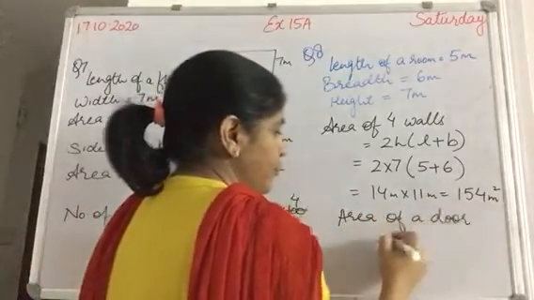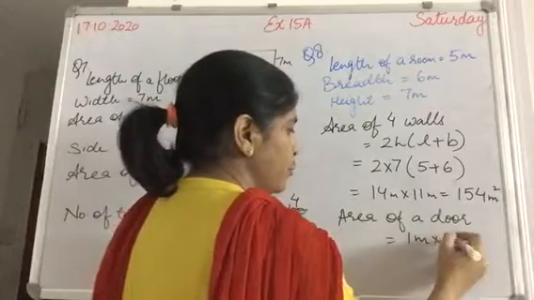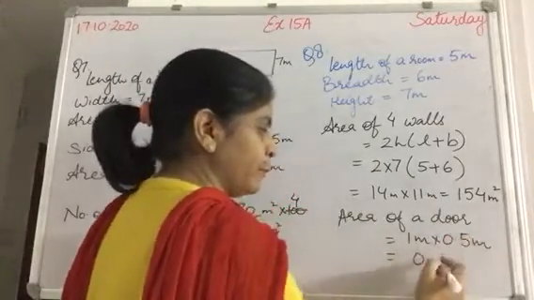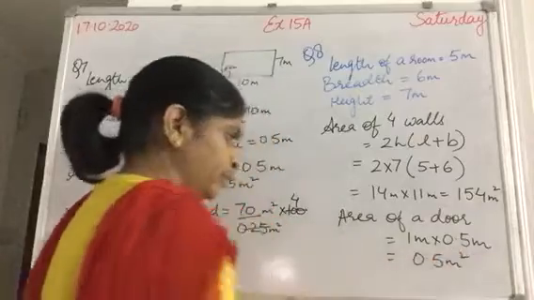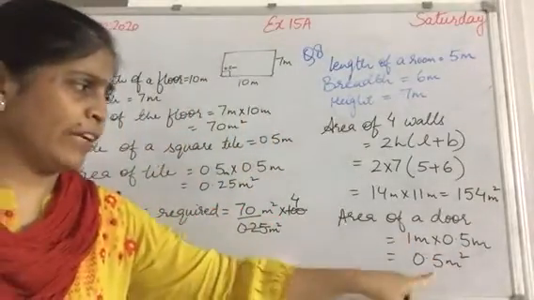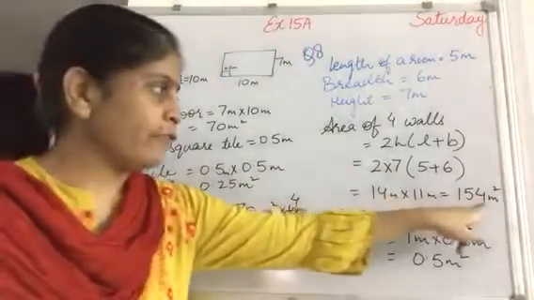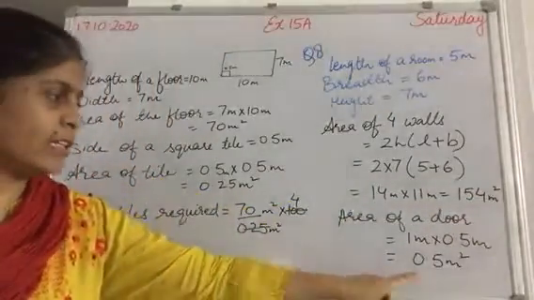which is 1 meter into 0.5 meter. So it will be 1 into 1. When we multiply any number by 1, we get the same number. So 0.5 meter square. Total area is 154. Area of door is this.